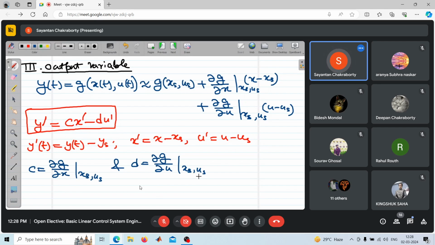This is a very simple thing. Now with this in mind, let us try and linearize the dynamic equation that we derived for our surge tank, the liquid surge tank.